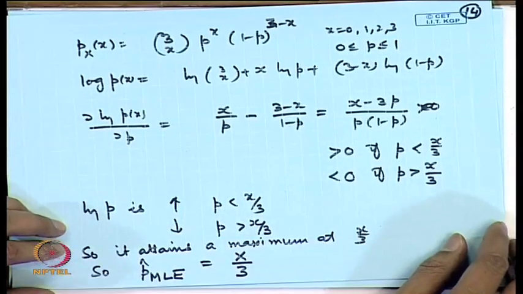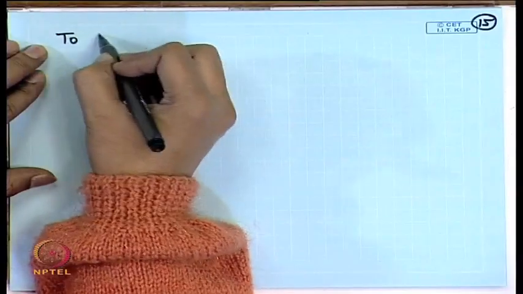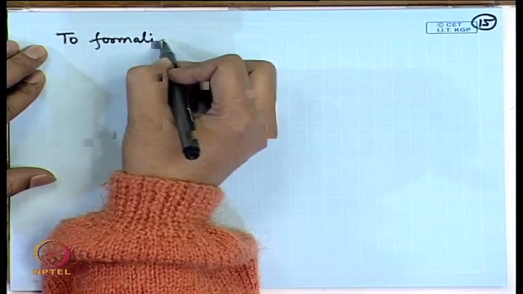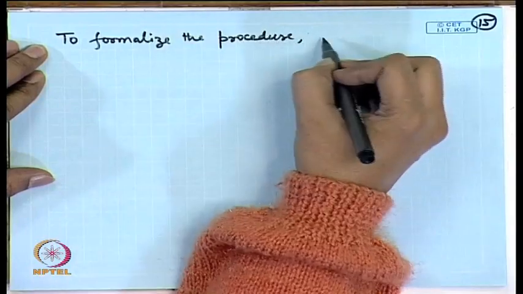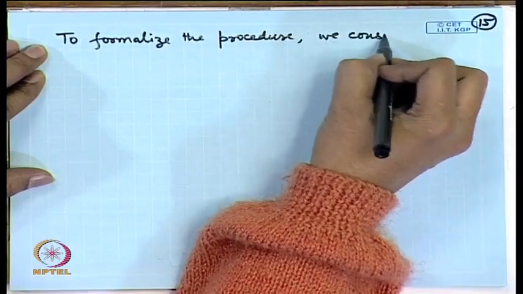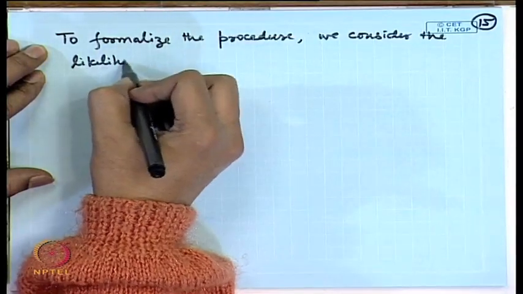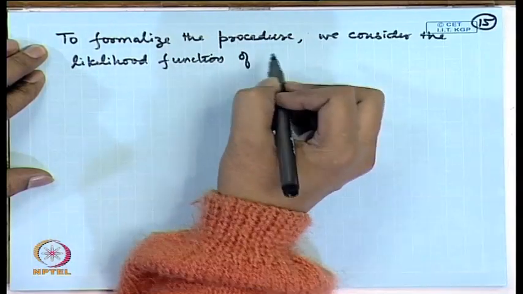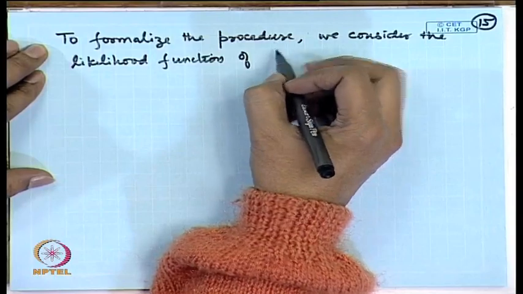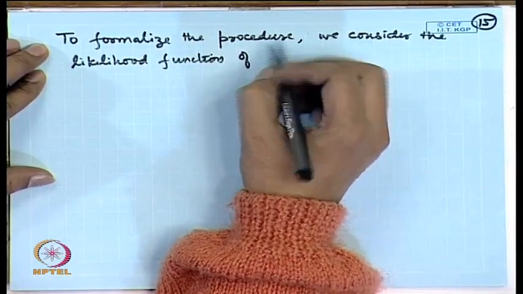So, to formalize this method of maximum likelihood, we consider the likelihood function of a random sample. So, the likelihood function is basically considered as a function of the parameter.